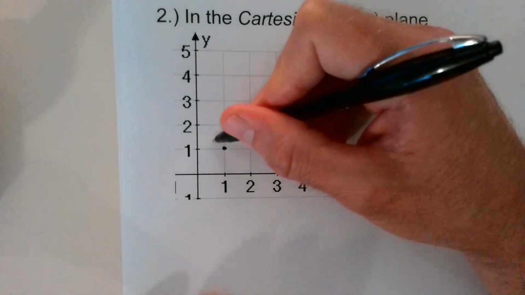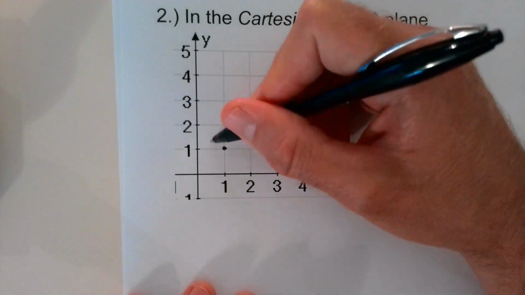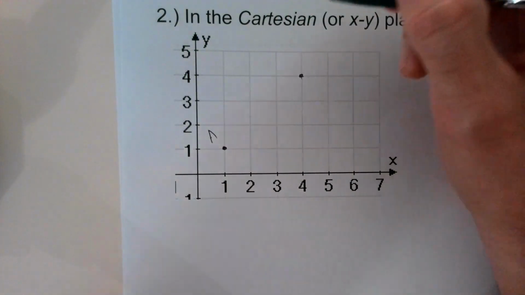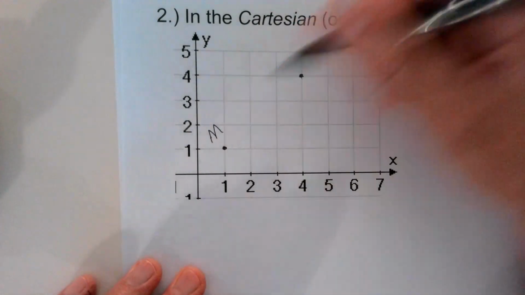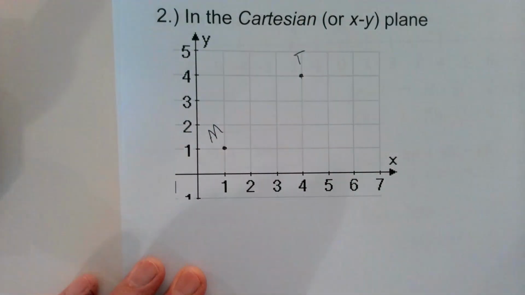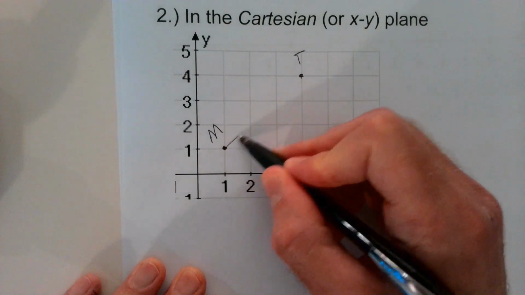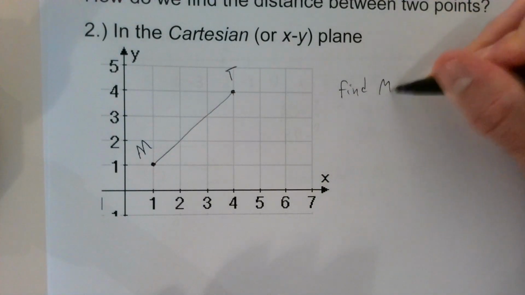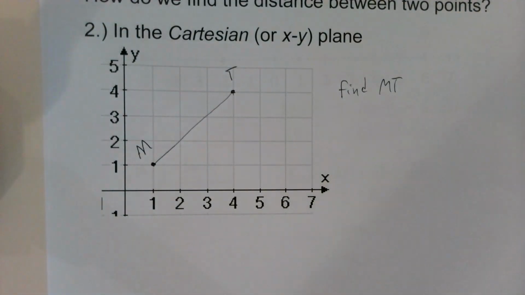So I'm going to call this, I want to use a different letter. You'll see why here in a second. How about MT? It's a mighty segment. So if I connect those, and they're saying find MT, that means find the length of that segment.